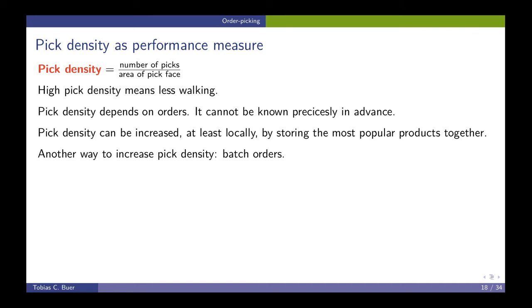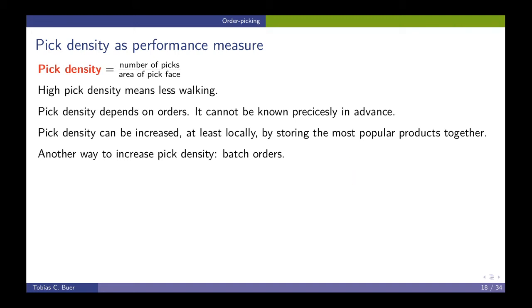However, if we have a high number of SKUs per pick phase, this usually correlates with a reasonably high pick density. In particular, when you have many popular items, one simple strategy is to store these popular items closely together in a single pick phase, so that you can quickly access them. The idea is, because these items are popular, the probability that they are ordered in a single order together is higher.